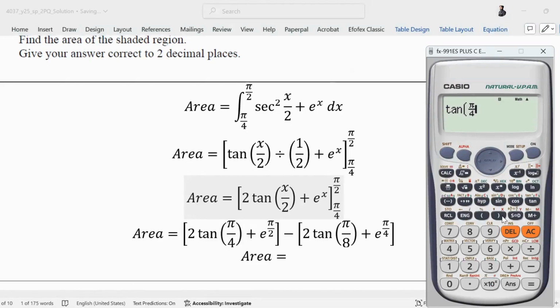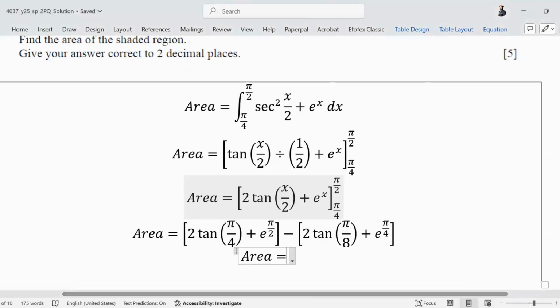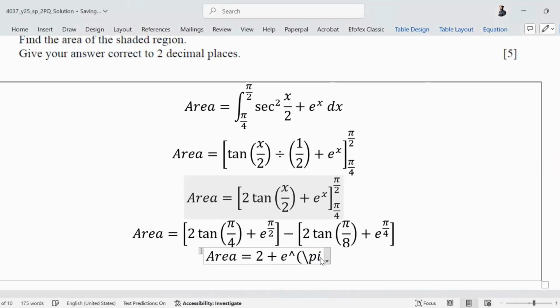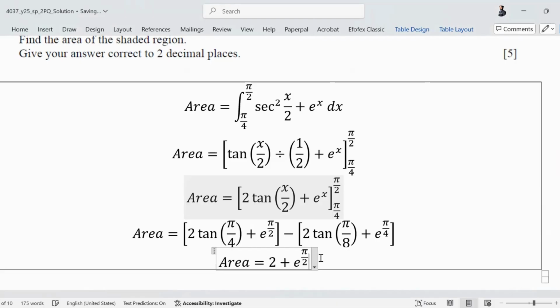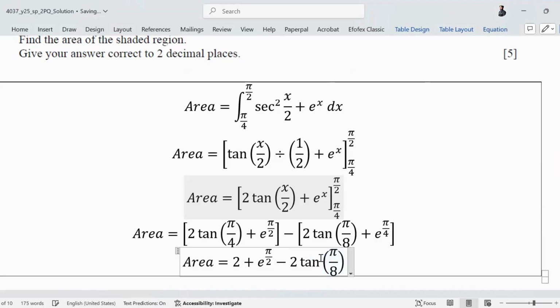Make sure your calculator is in radian. Mine already is. It is 1, which is 2. So this is 2 plus e to the power pi by 2. And try to keep it exact for as long as I can. Minus 2 tan of pi by 8 minus e to the power pi by 4.